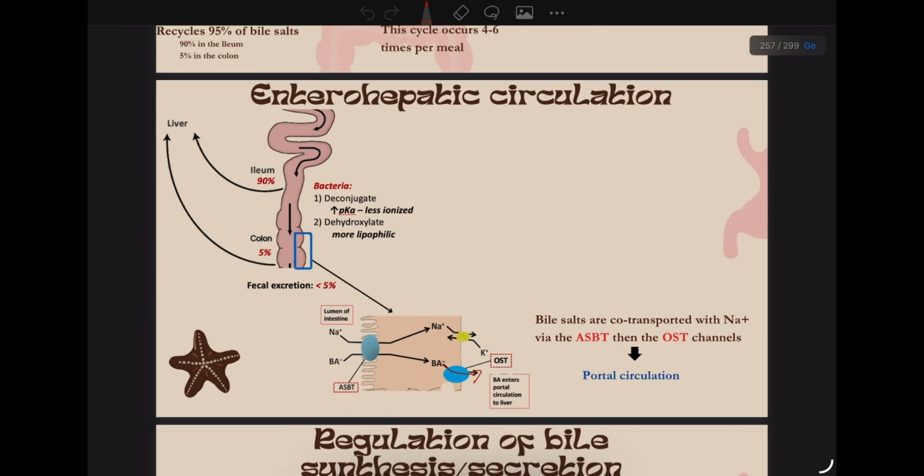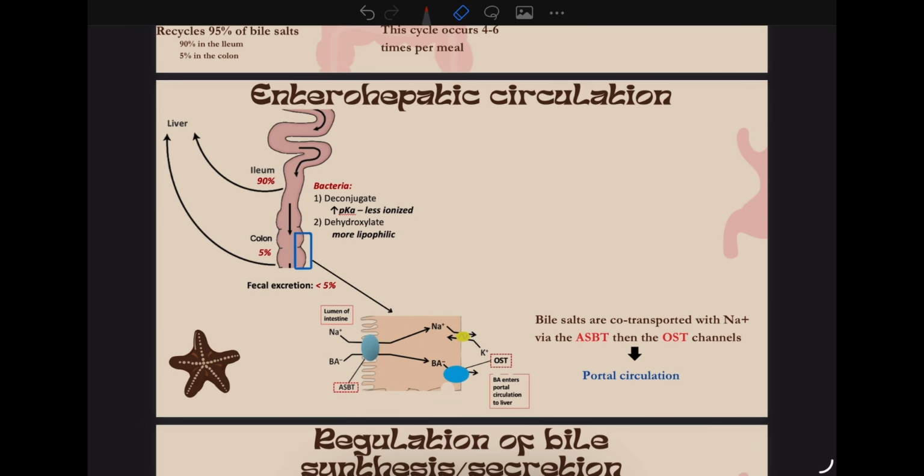Now, this is the enterohepatic circulation that we have talked about, and we said that the bacteria deconjugate some bile, and some of it will not be conjugated. So what does that lead to? The bile that was deconjugated is now very lipophilic and very hydrophobic, right? So it can diffuse through the membrane and it will be reabsorbed in the intestines this way.